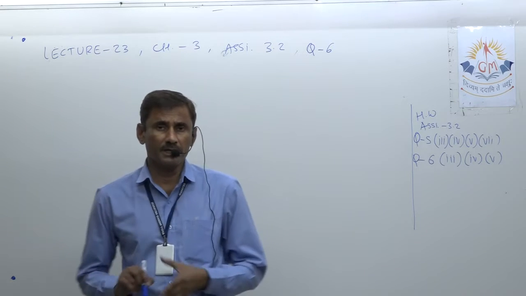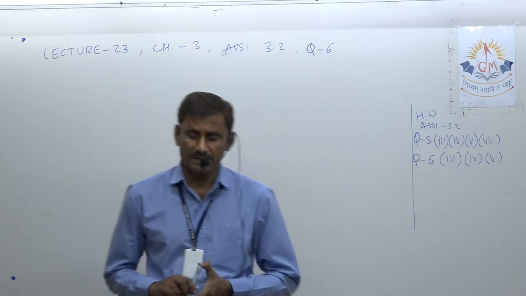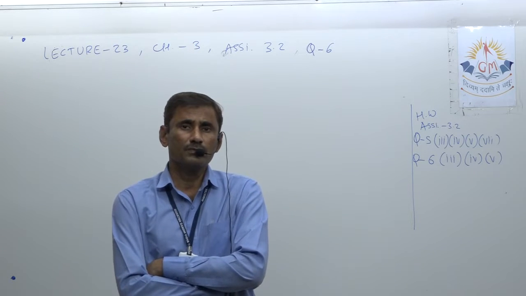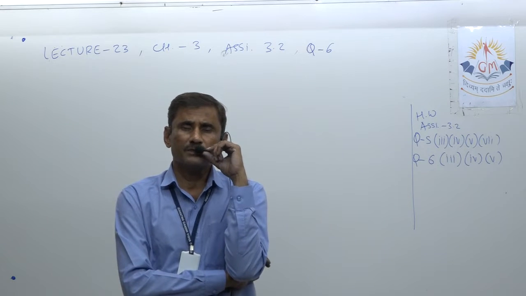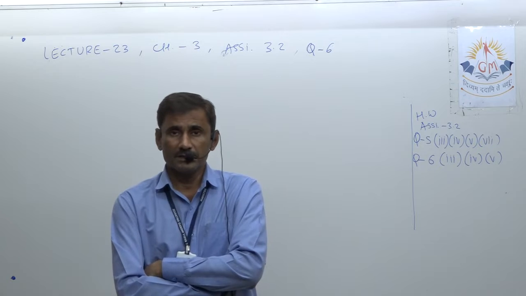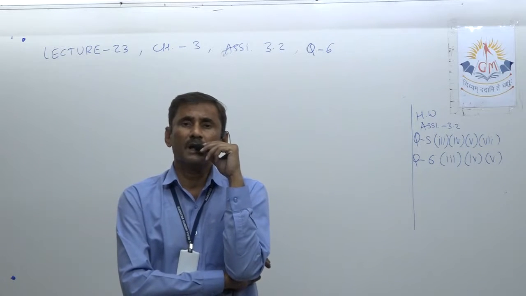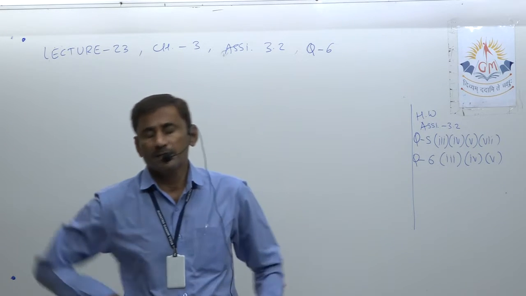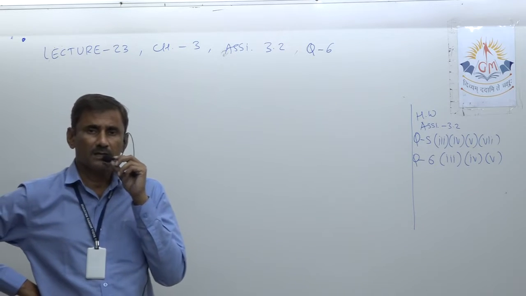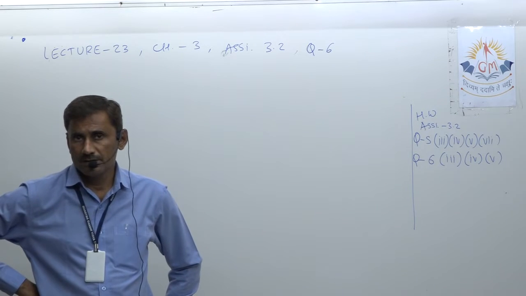So again repeating my statements: if what should be multiplied or divided, you have to prefer the factorization method. If what should be added or subtracted is there, you have to select the long division method.